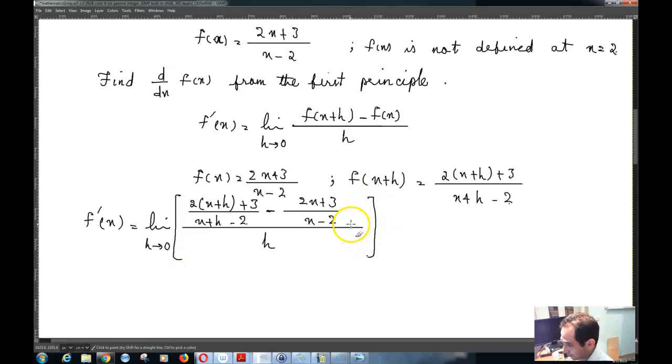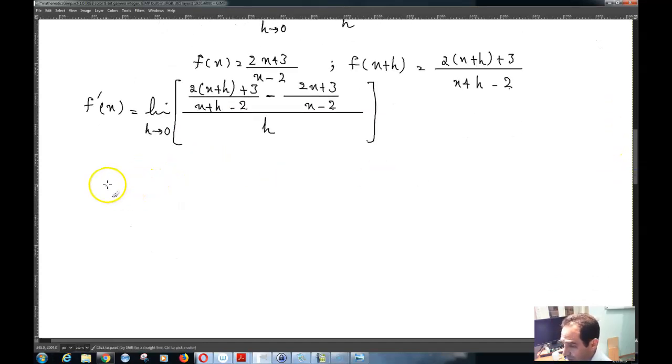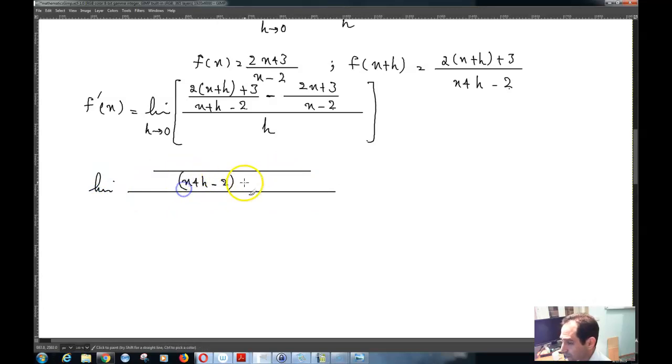Okay. Now this is equal to 2x plus 2h plus 3 times, okay, so now we just need to simplify this and see what happens. So the limit of x plus h minus 2 times x minus 2.